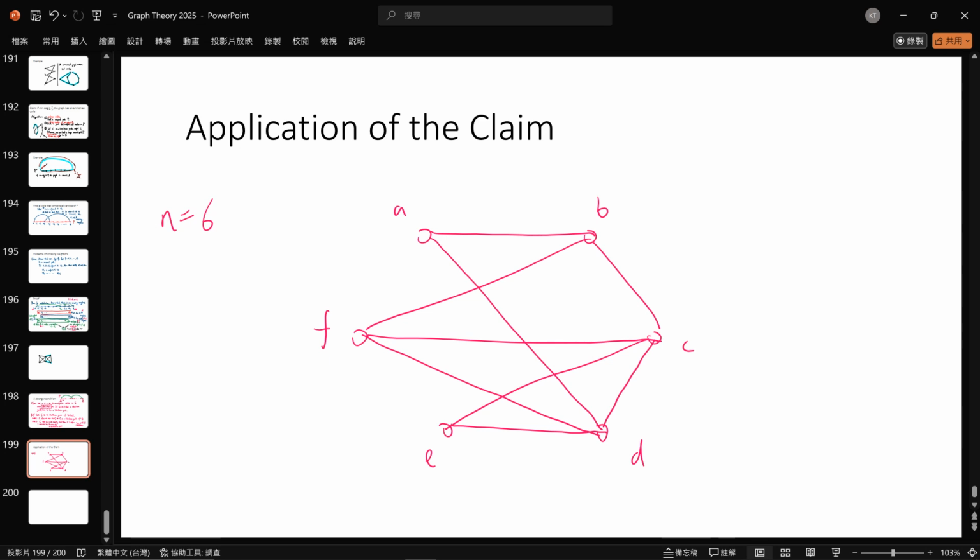Next, we can add an edge between B and D, because the degree of B is 3 and the degree of D is 4.